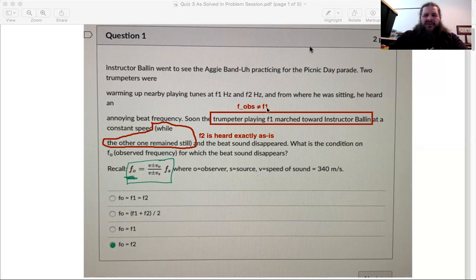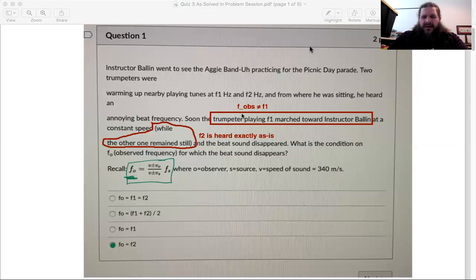The observed frequency is not the same as the produced frequency if the source or the listener is moving. But since trumpet 2 is staying still, that means frequency 2 is heard exactly as it was produced. We don't have to worry about Doppler effect for frequency 2 because source 2 is not moving.